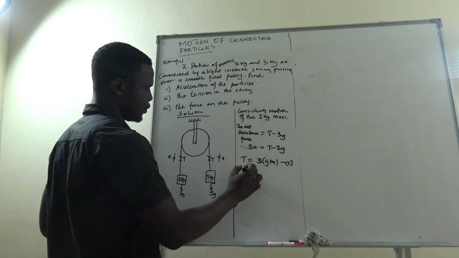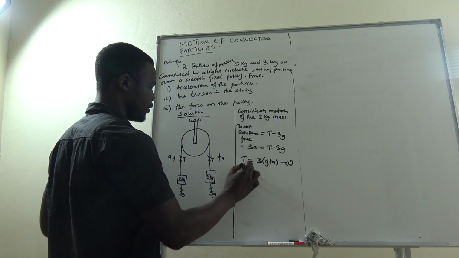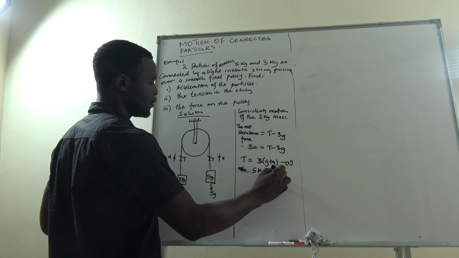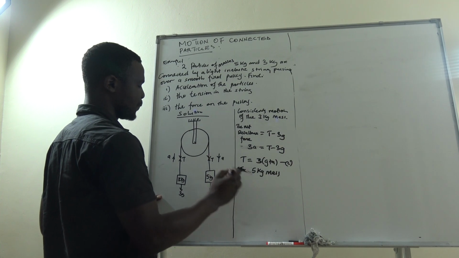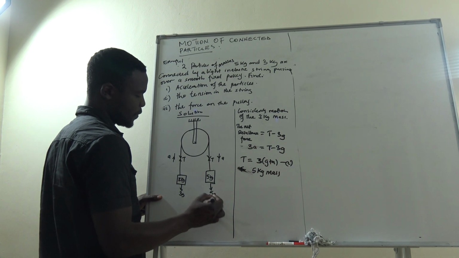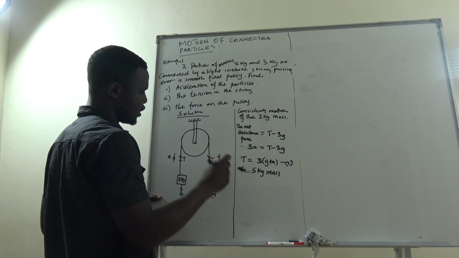When we come to the 5 kilogram mass, the motion is downwards, meaning it is the weight of the 5 kilogram mass that is greater than the tension.